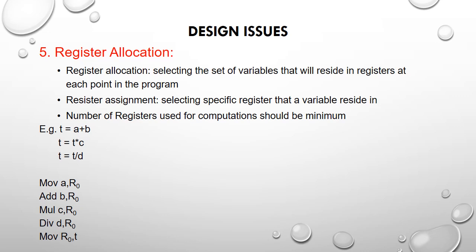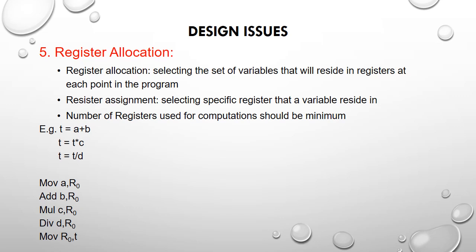In the next statement, we are multiplying c with the content of R0, which actually has a plus b. So t equals t multiplied with c is performed. Although we have not stored the value of t multiplied with c at the location t, we will be doing that in the last. The next statement is about dividing the value t by d.